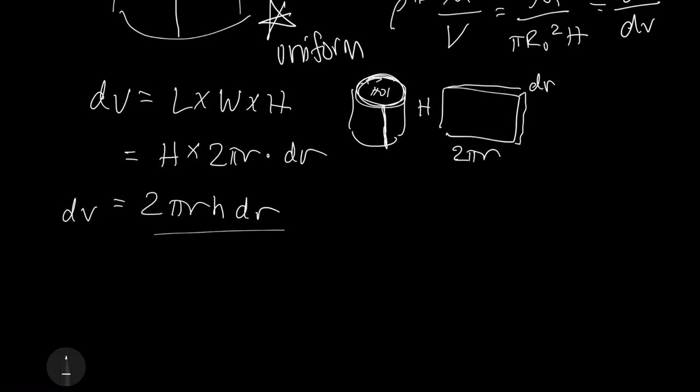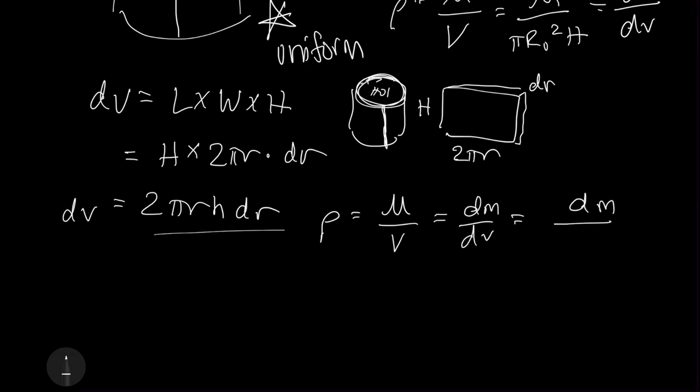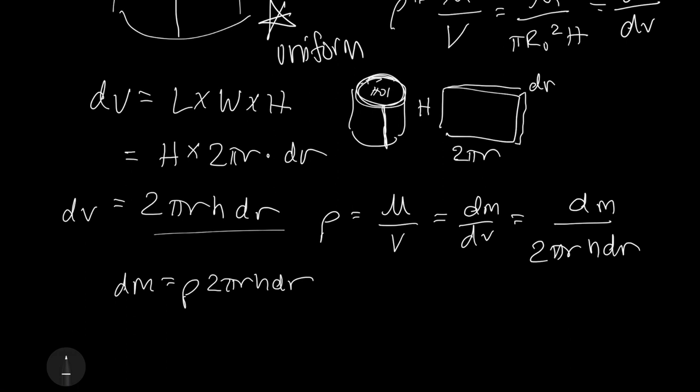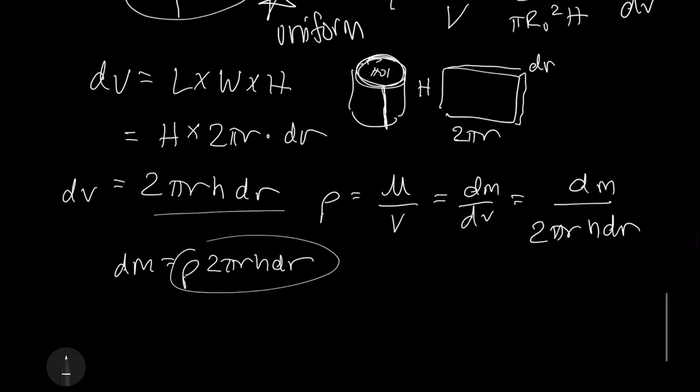Now we can find our rho again. So m over v equals dm over dv, which equals dm over 2 pi r h dr. Now to get dm out of this equation, we can make dm equal rho 2 pi r h dr. Now let's plug this back into our integral.